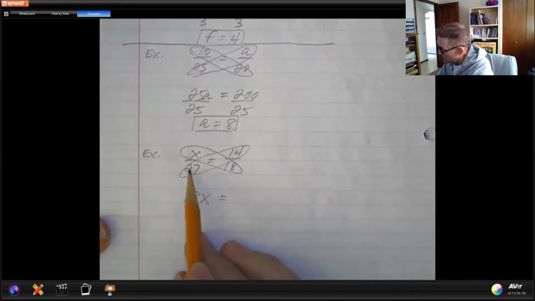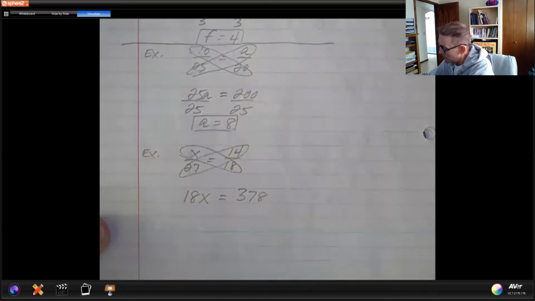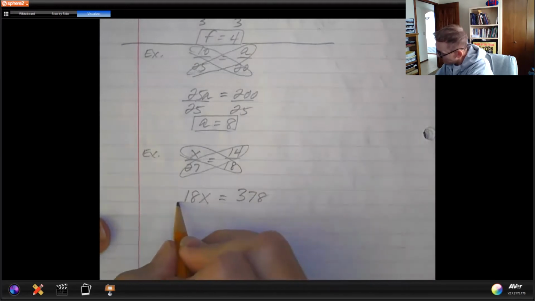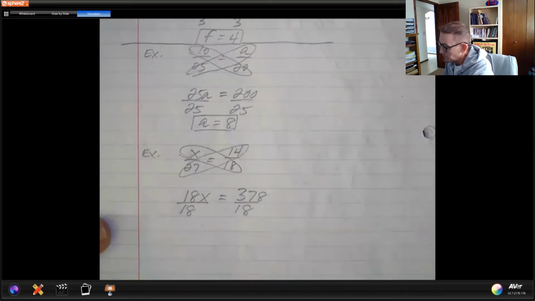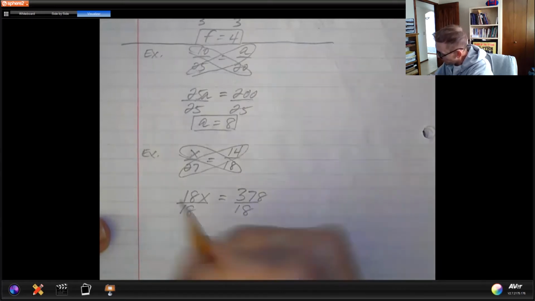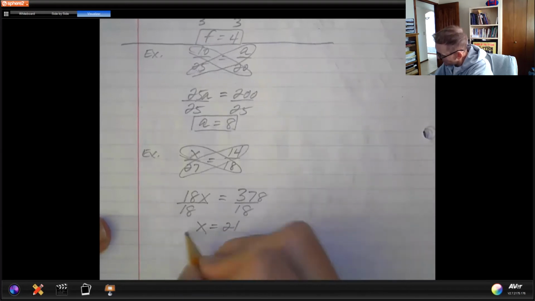And over here, 27 times 14 is 378. I'm going to now get x alone, so I'm going to divide both sides by 18. I get x equals 21.